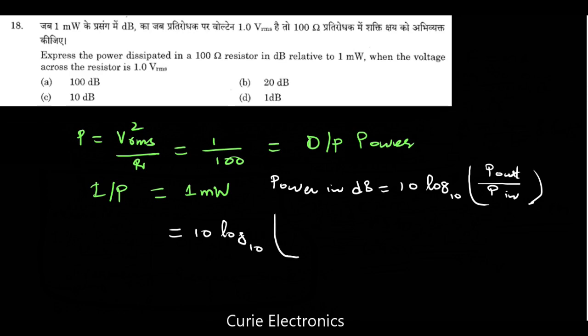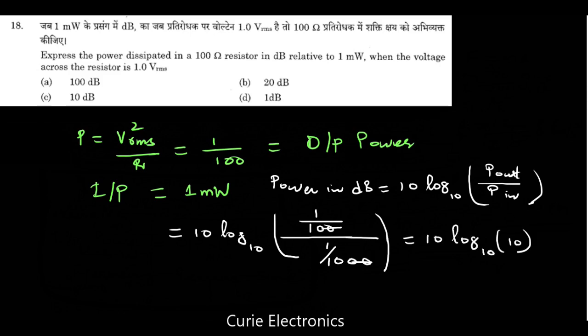The output power is 1 upon 100, upon input power 1 milliwatt, so we can write it as 1 upon 1000. Here we will get 10 log 10 of 10.